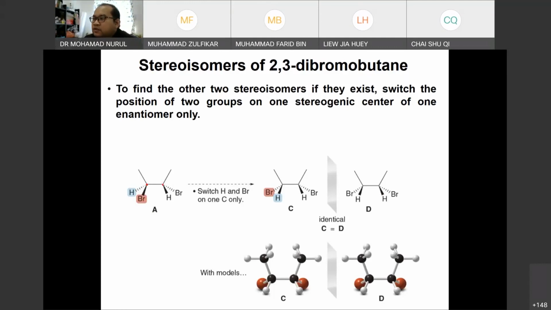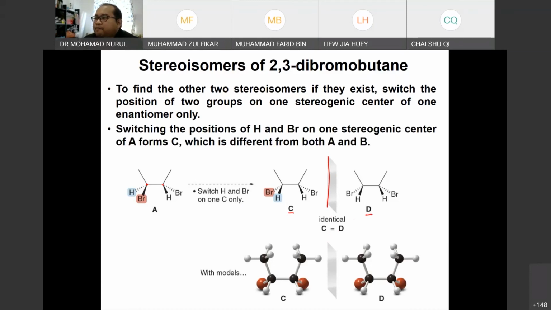So you will get the second structure, C. After that, put the mirror, draw the reflection structure, and you will get D. If you look closely, D and C are identical. So this is the step-by-step process of how to draw the stereoisomers of 2,3-dibromobutane.